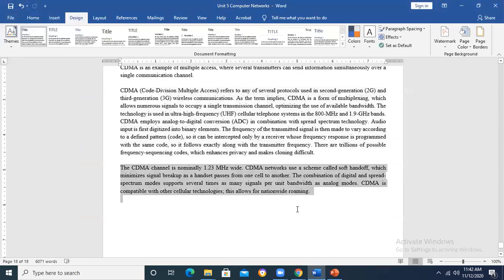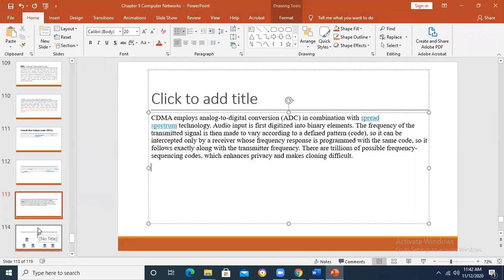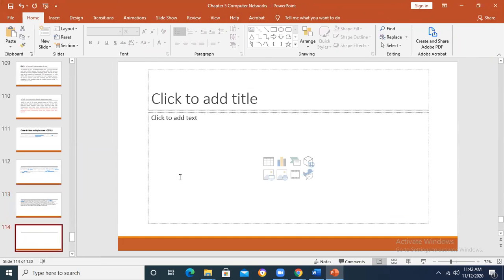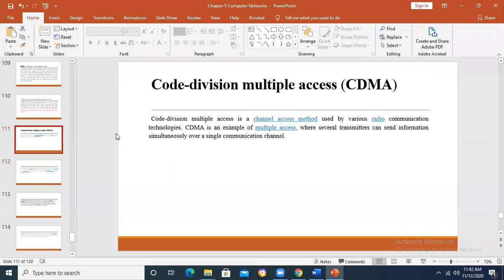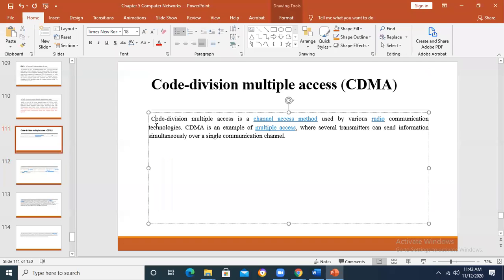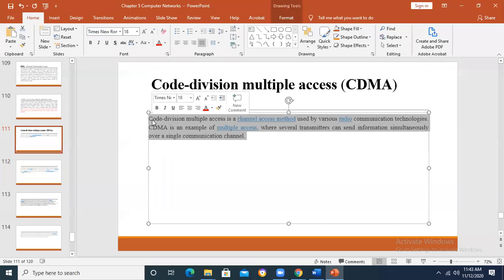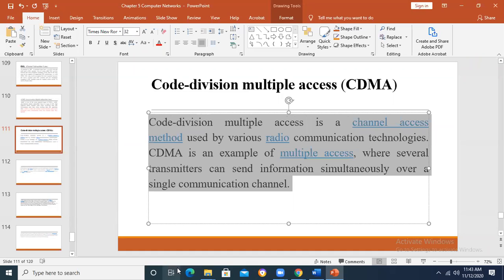Okay, so now we need to discuss some things about the CDMA, another type. If you see over here, CDMA stands for code division multiple access.